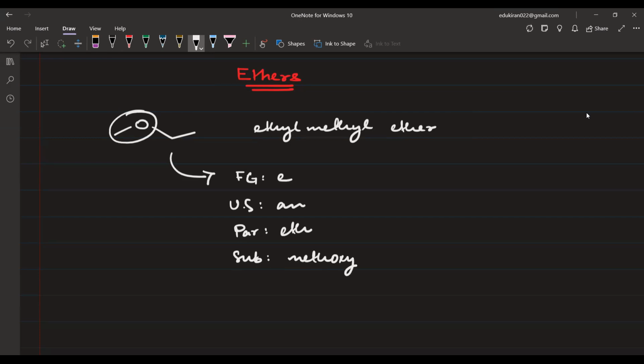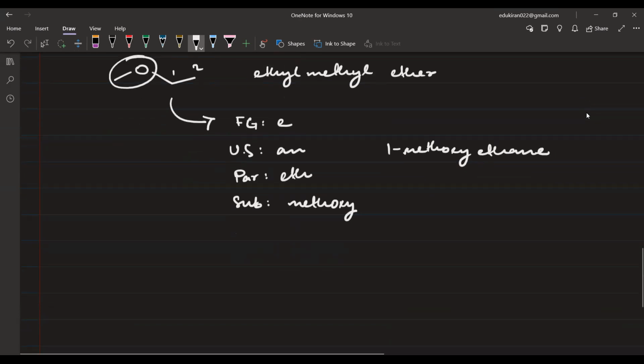This methoxy is attached on the first carbon atom, and this is the second carbon atom. So the name will be 1-methoxyethane.